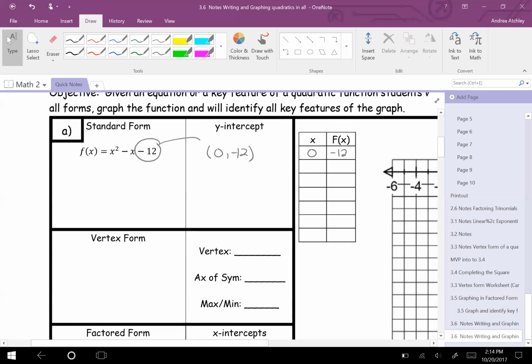I'm going to write this in vertex form. It's going to be super fun. We're going to remember how to complete the square. So we're going to draw our box.